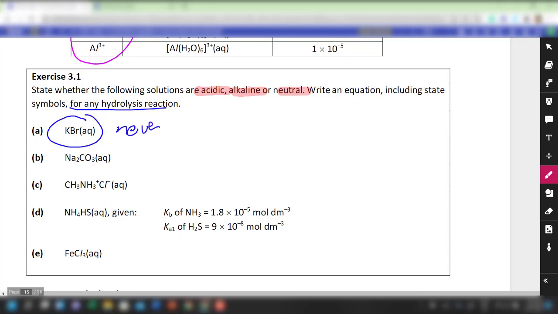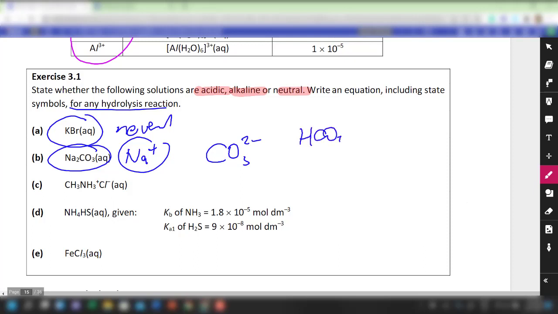And then sodium carbonate. For sodium carbonate, of course, sodium itself will not undergo substantial hydrolysis as we mentioned earlier, because it's a group 1 cation. But for carbonate, you might want to be aware that carbonate is actually the conjugate base of a weak acid, what we call bicarbonate, HCO3 minus.